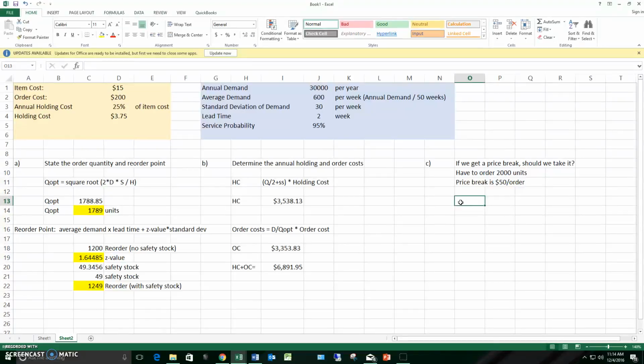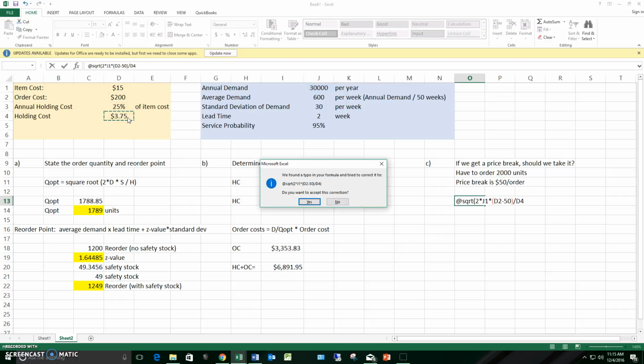So we're going to say square root of 2 times our annual demand times our ordering costs, and in this case they're going to be the $200 we normally pay minus the $50 they've offered in savings, and then we divide that by our holding cost.